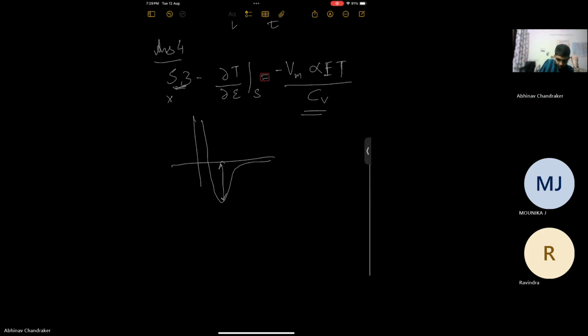So this was the E versus X curve. The F versus X curve will be something like this.